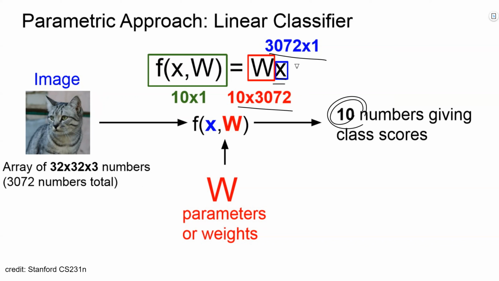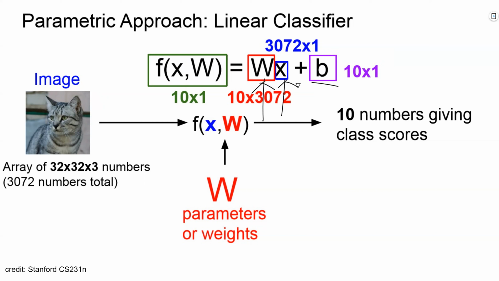After multiplying these two matrices, the resulting dimension becomes 10 by 1. Optionally, we can add a bias. This is optional; you can include it or not. Because the parameters have a linear relationship with the input image, we call this classifier a linear classifier.